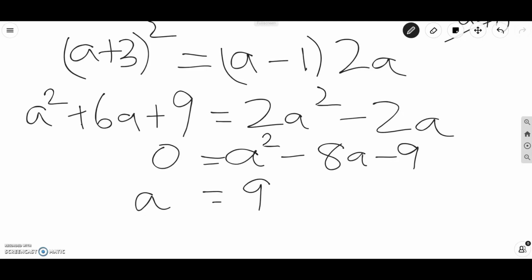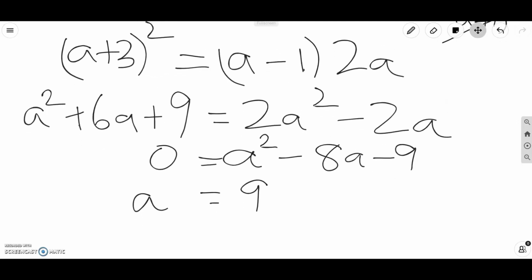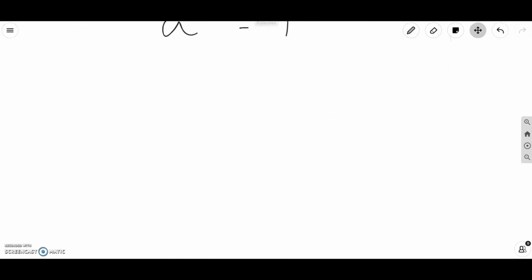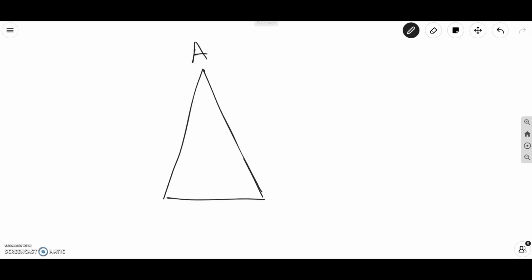So if a equals 9, then what does b have to equal? Well, we set b equal to 1 at the beginning. So what we've produced, in essence, is a triangle ABC that looks like this. And remember, b was half the length. So this would be 1, this would be 1. The whole thing is 2.